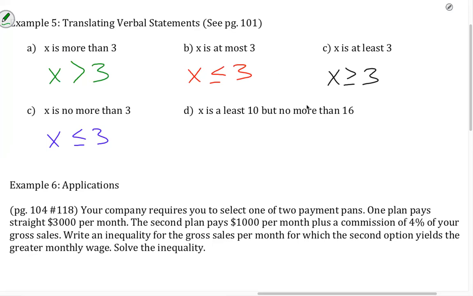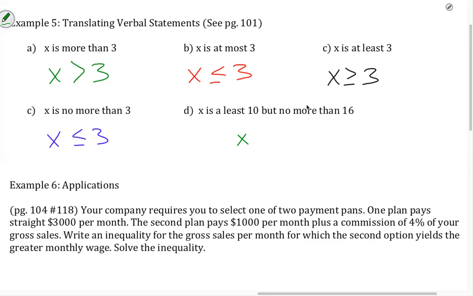What is this one? X is at least 10, but no more than 16. X is greater than or equal to 16. All right, so this one's tricky. Do you agree this one's tricky? Yeah.